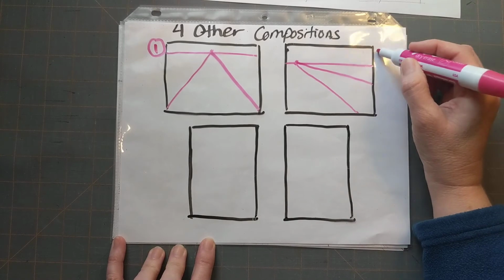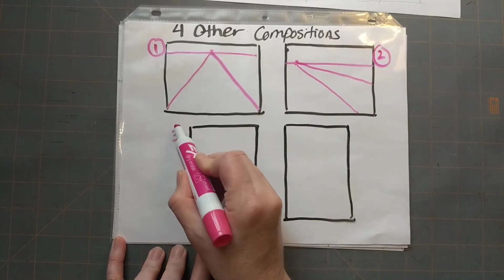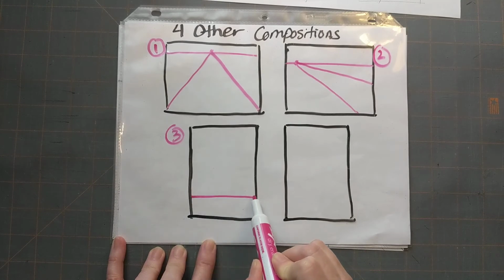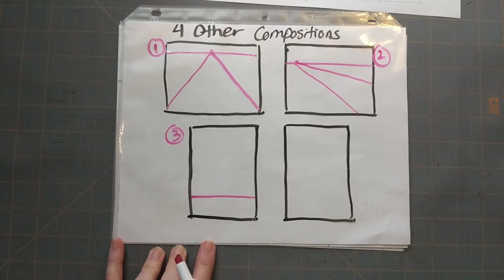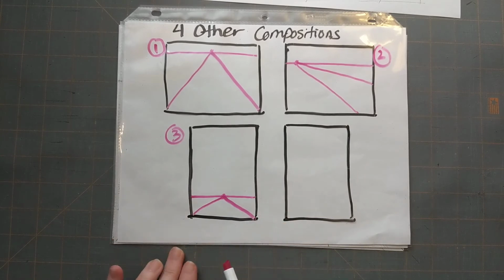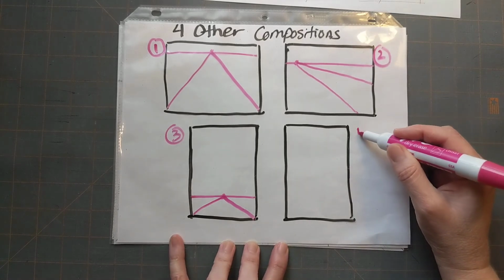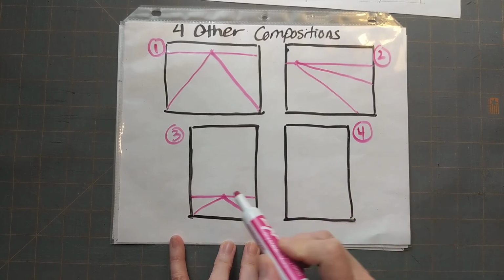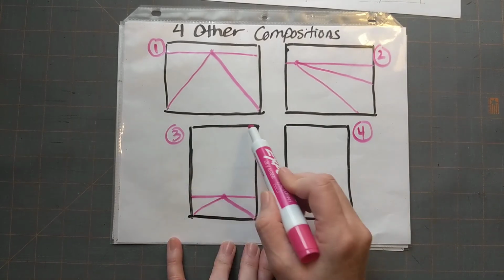Another idea, okay, so that was number 2. Number 3 is, what if you lower the horizon line towards the bottom of the picture plane? That would create a viewpoint as if you're closer to the ground, like street level. And then the 4th idea is, oh, by the way, this is a vertical layout.